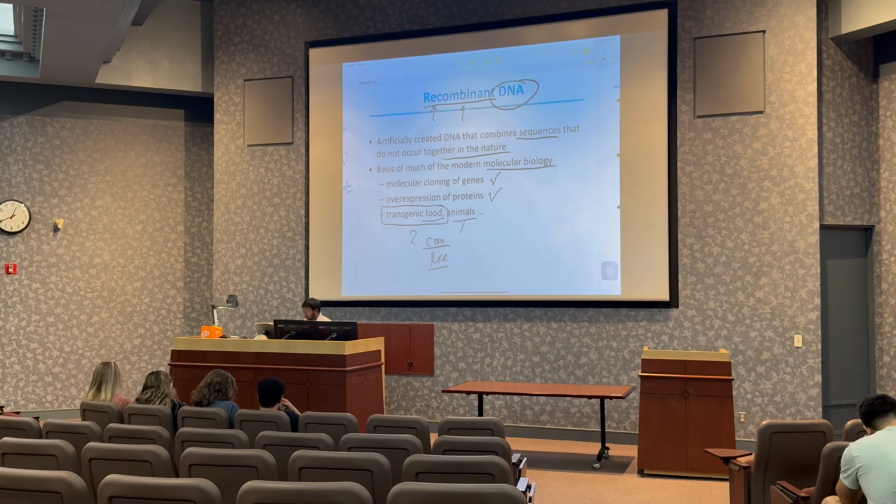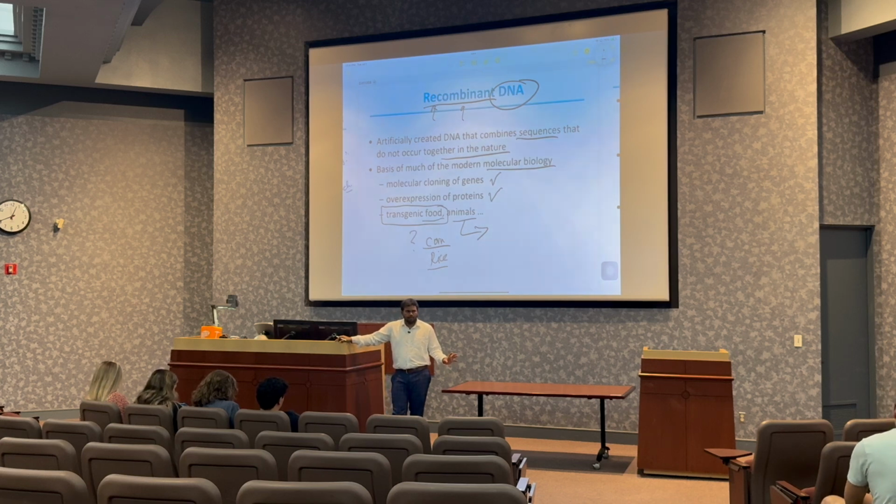Of course, animals: we do use transgenic animals for research purposes. What we use in research is called a humanized model. Suppose I work in Parkinson's. We can humanize a rat model into a human-mimicking model and study Parkinson's disease.